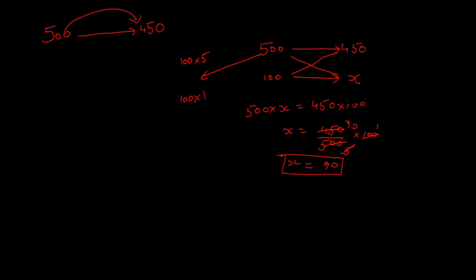So, in an examination which was conducted for 500 marks, I scored 450 marks. And if the same examination is conducted for 100 marks, I would be scoring 90 marks, which is also equal to 90%.